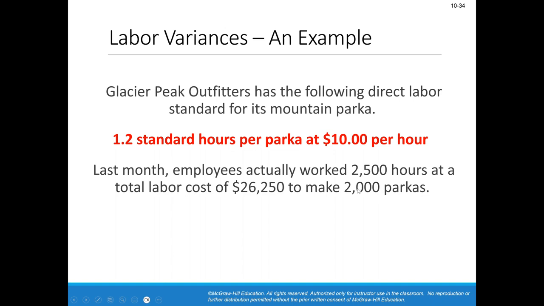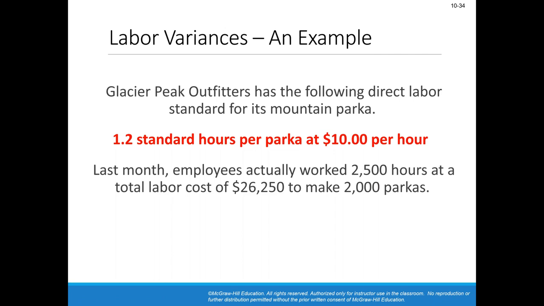So we're going to have a favorable quantity variance here. Now, $10 per hour. So how many hours did we actually work? We worked 2,500 hours. So we look at the total cost of $26,250 divided by 2,500 hours, and that's equal to $10.50 per hour.